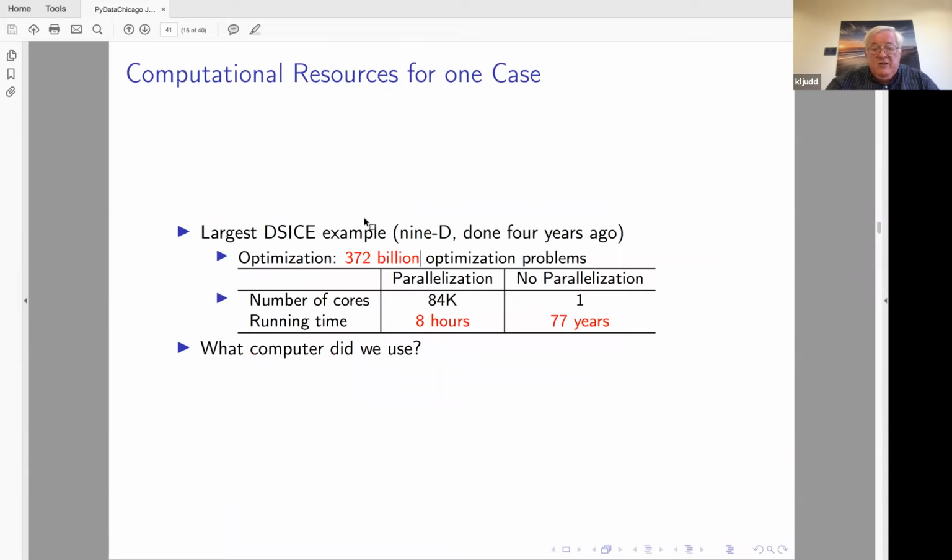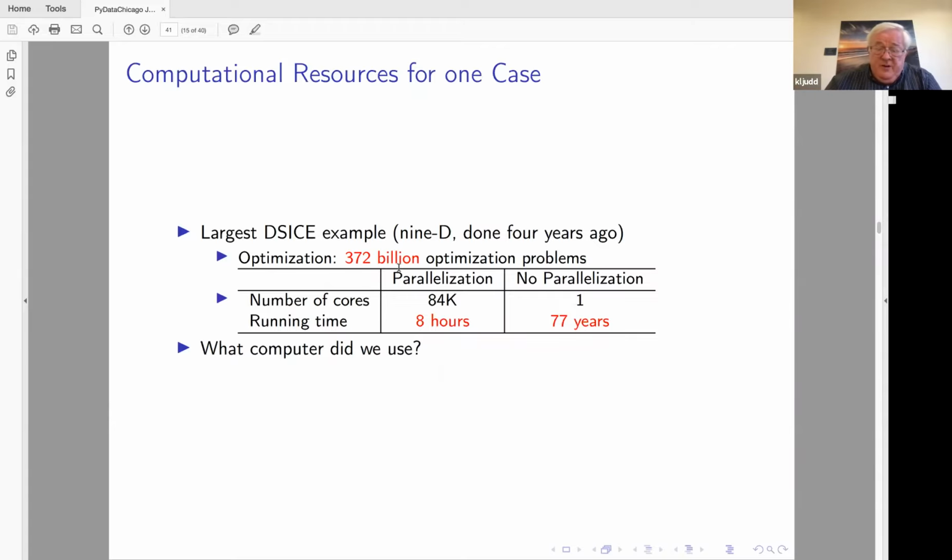And this is the biggest example in the published paper. The paper came out in December 2019 in JPE, which is one of the top journals in economics. Now, we have many examples in the paper. The largest one, 9 dimensions.